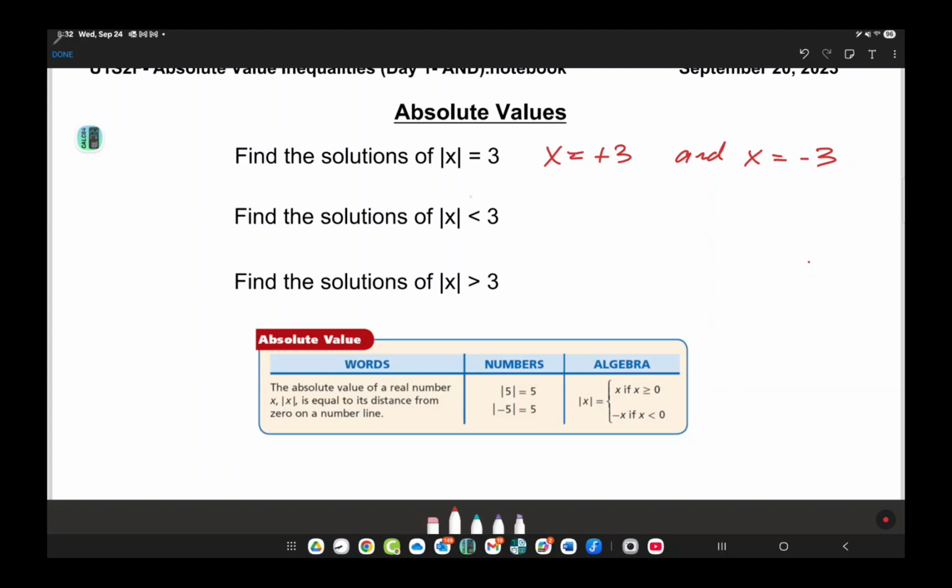Now, if this is less than, it's going to be x is less than 3 and x is greater than -3. So what happened here? The sign flips. So, again, on every single one of these, we're going to have two answers.